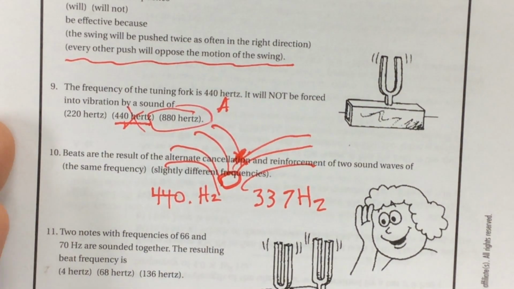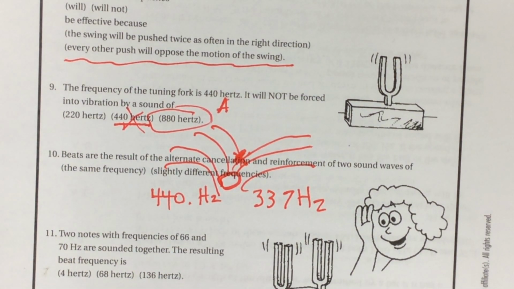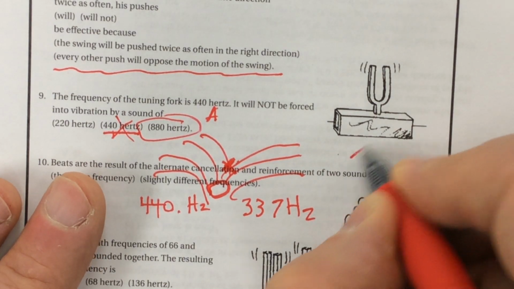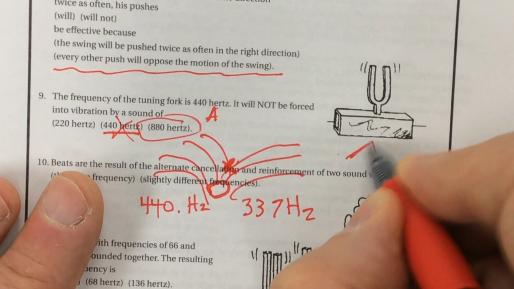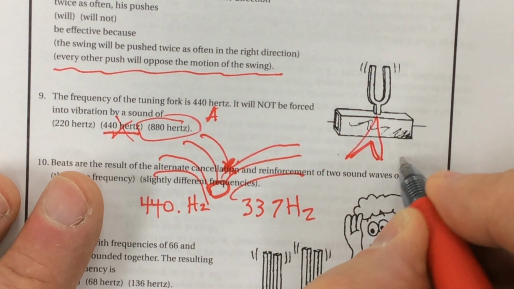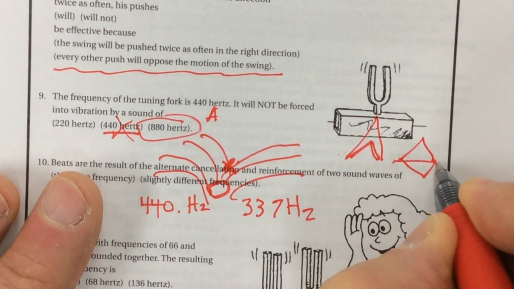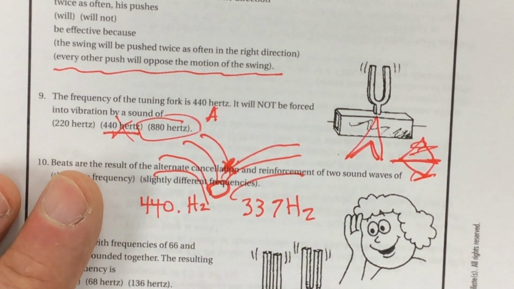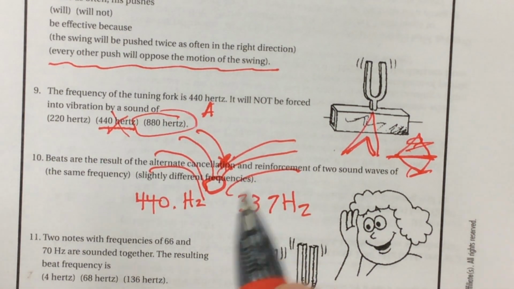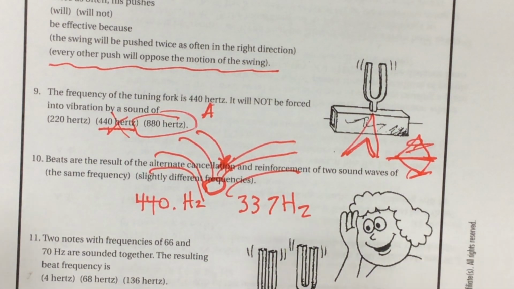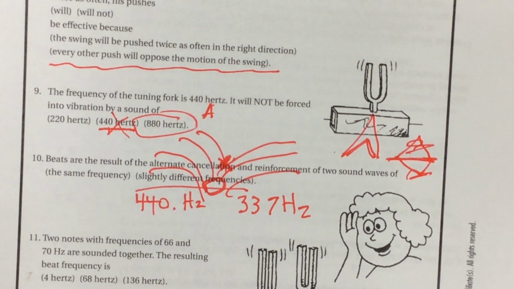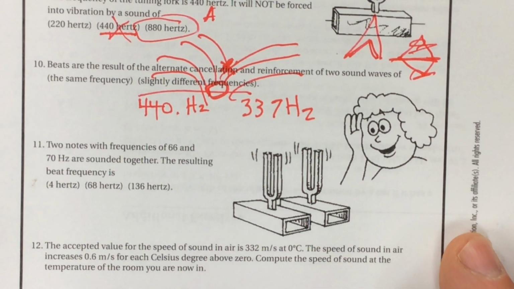When they overlap, they will either positively reinforce, like we did in a lab before, where two overlap and become twice as loud, or they will cancel like this and become just a straight line and nothing happens. What you end up with is kind of like dat, dat, dat, dat. You can hear them. They're called beats. It's because they're slightly different frequencies. They have to be almost in tune to do that.